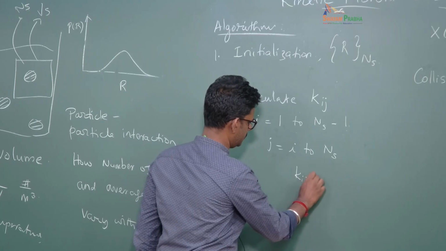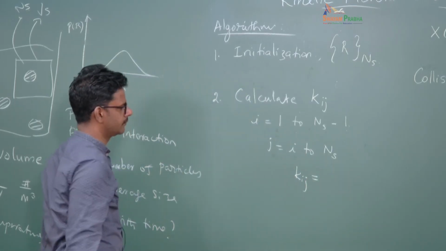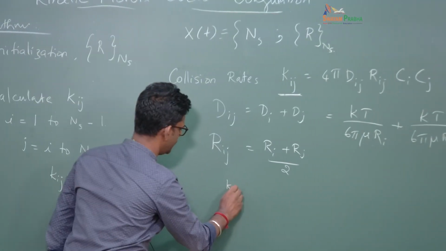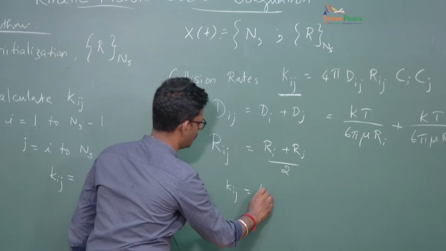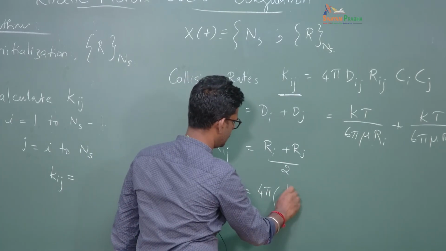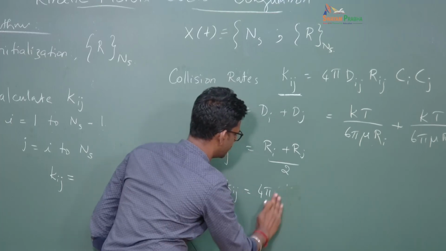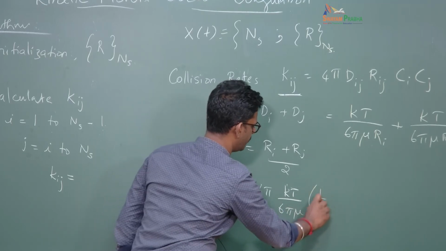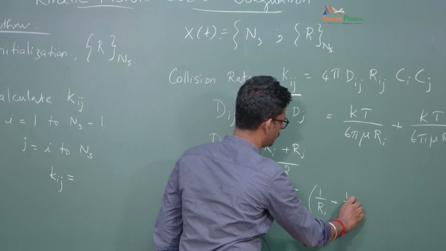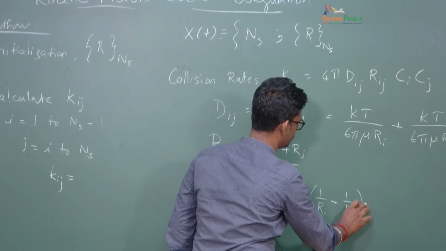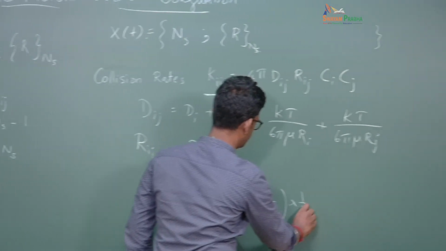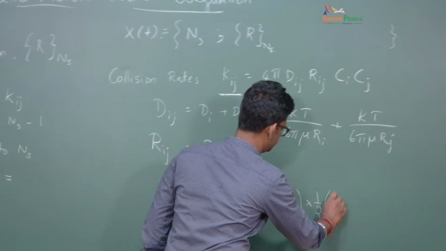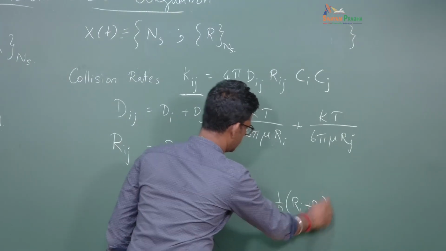Suppose I substitute this here, you will see that Kij is 4 pi, and this factor comes out, Kt by 6 pi mu, 1 by Ri plus 1 by Rj, into 1 by 2 (Ri plus Rj).